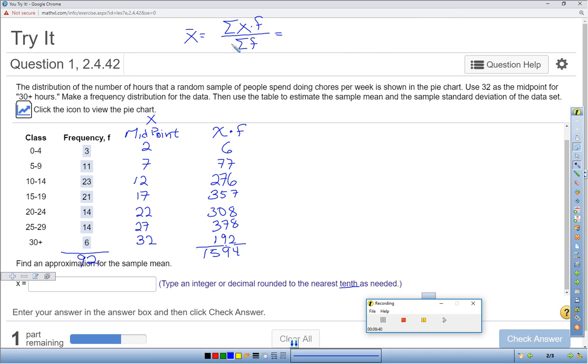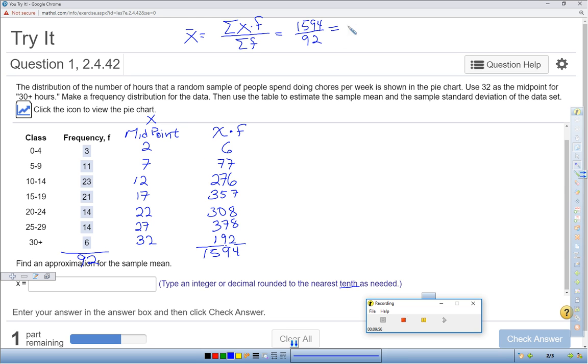So the mean is the summation of the frequencies multiplied by the midpoint, which is 1,594, divided by the sum of the frequencies, 92. Now do this: divided by 92 equals 17 point, rounded to one decimal.